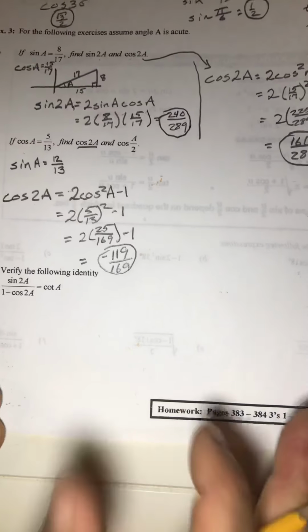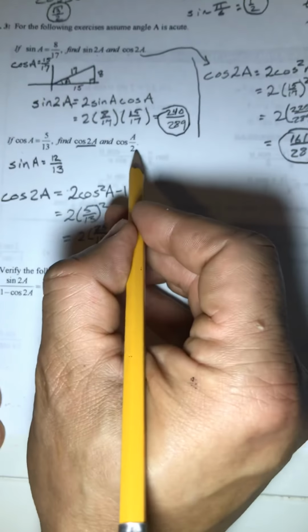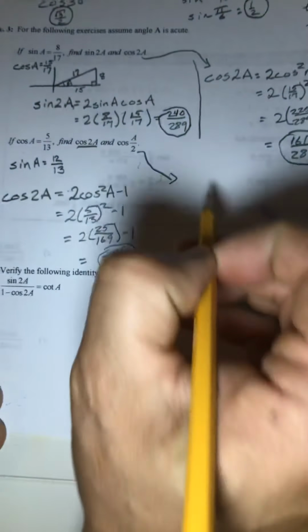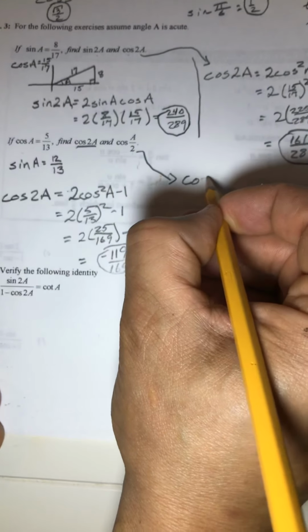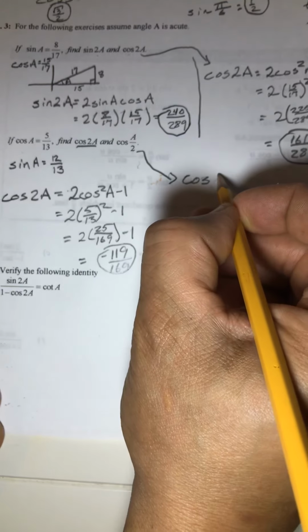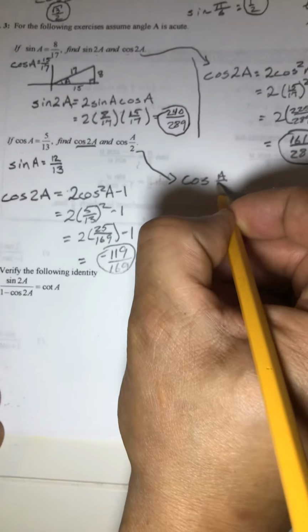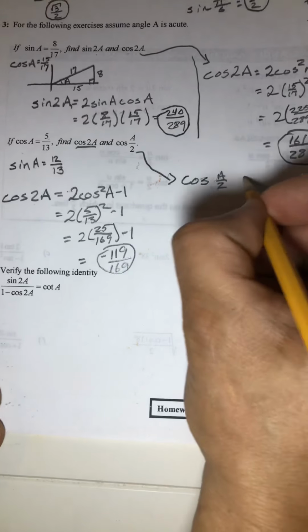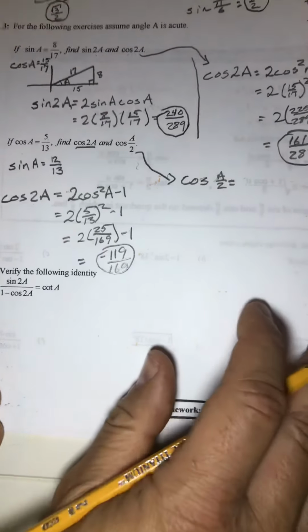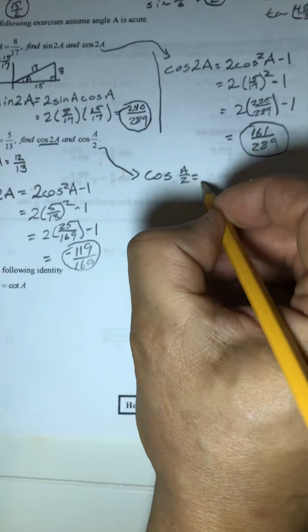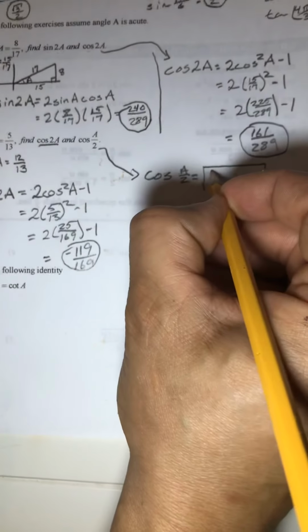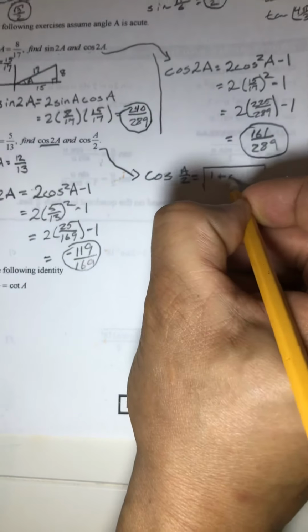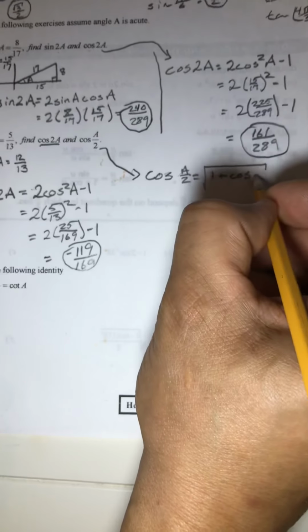And then over here we'll do the half angle. So the cosine of A over 2, and I gotta write this one down because it's used so infrequently, it's hard to remember.